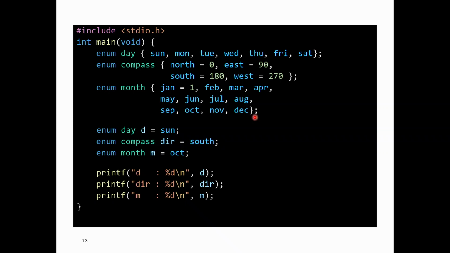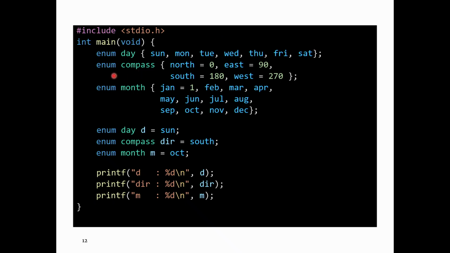So for example, enum day creates an enumerated type called day, and then I've got the list of days: Sunday, Monday, Tuesday, Wednesday, Thursday, Friday, Saturday. That just says that the name sun has the value 0, the name mon has the value 1, the name tue has the value 2, and so on.